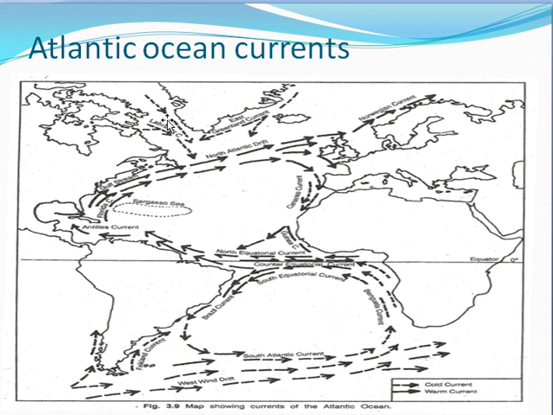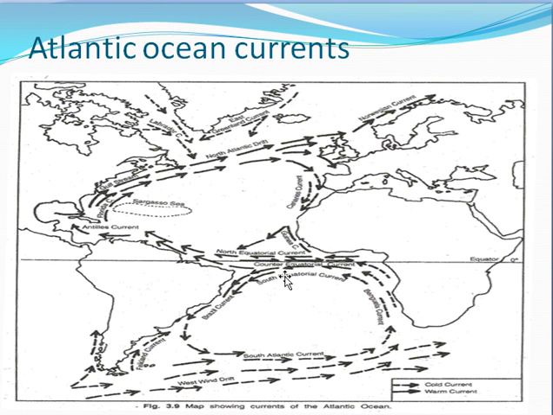I already explained in this video at the initial stage that this obstructs navigation and ship movement. So I have explained the North Atlantic Ocean currents. Let's move to the south part.